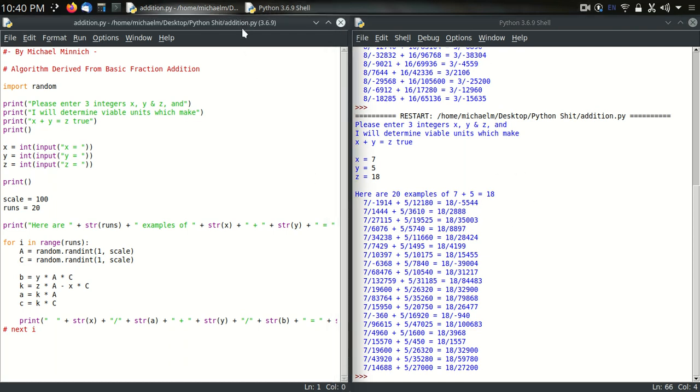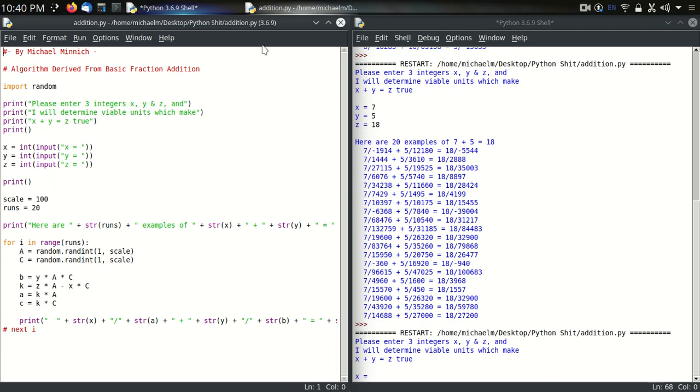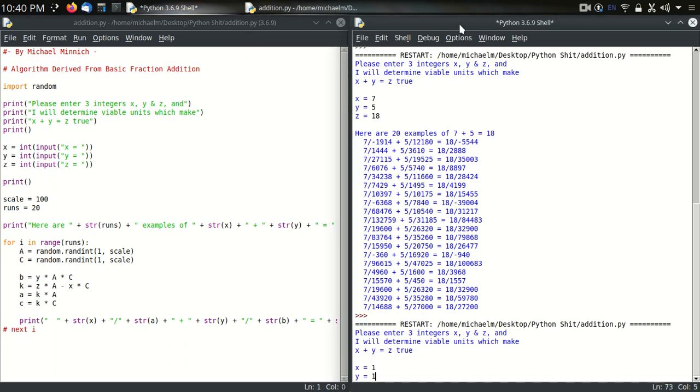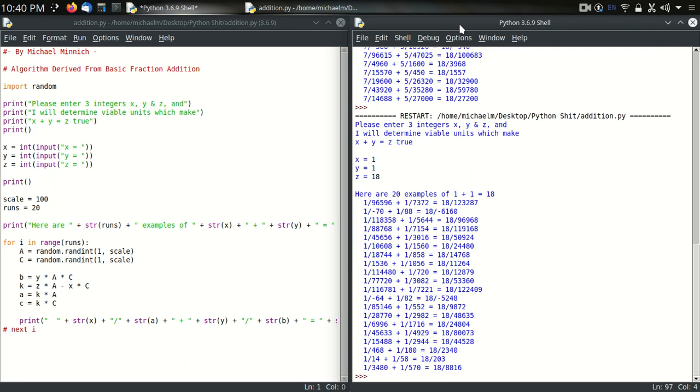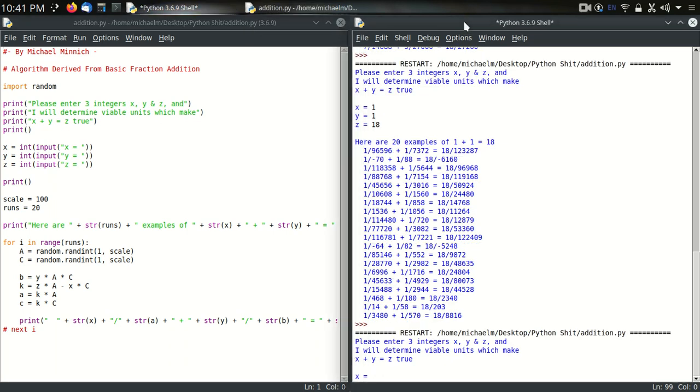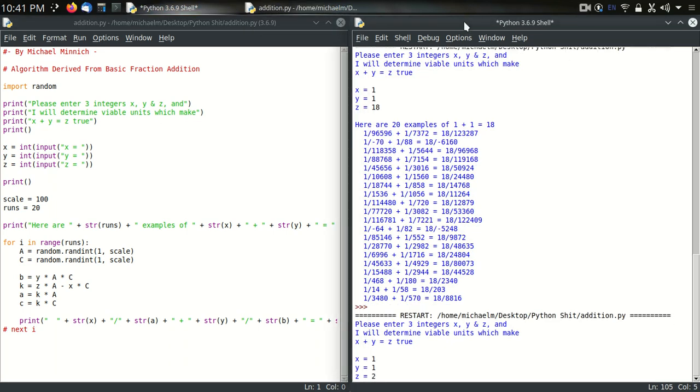Here, let's do it. Let's do 1 plus 1. Let's make it 18. There you go. There's 20 different ways to get 1 plus 1 to be 18. Let's do 1 plus 1 being 2.